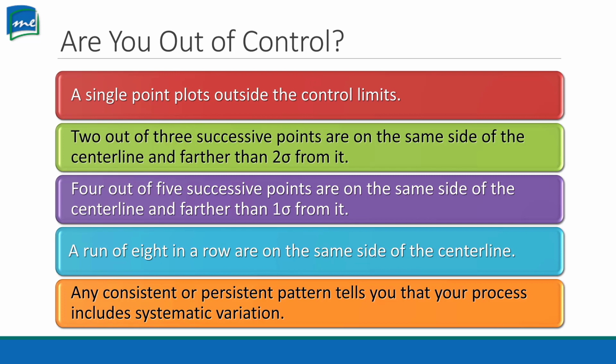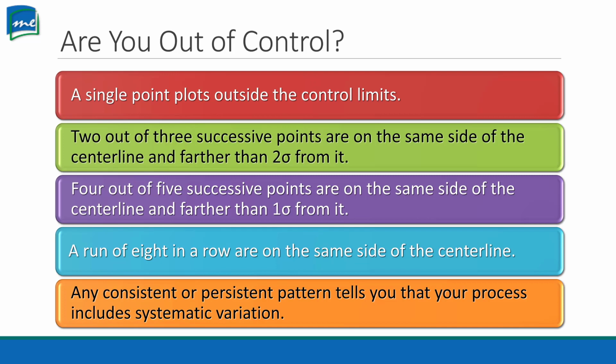But that doesn't mean you shouldn't be aware of them, because you might have to figure out why, and seeing these can lead you to look at certain machines on the production line rather than certain areas. 4 out of 5 successive points are on the same side of the center line and farther than 1 sigma from it. A run of 8 in a row that are on the same side of the center line.